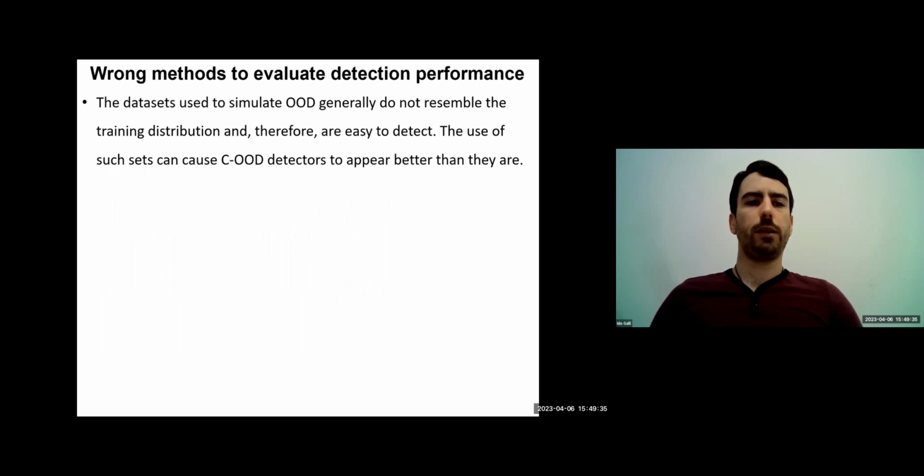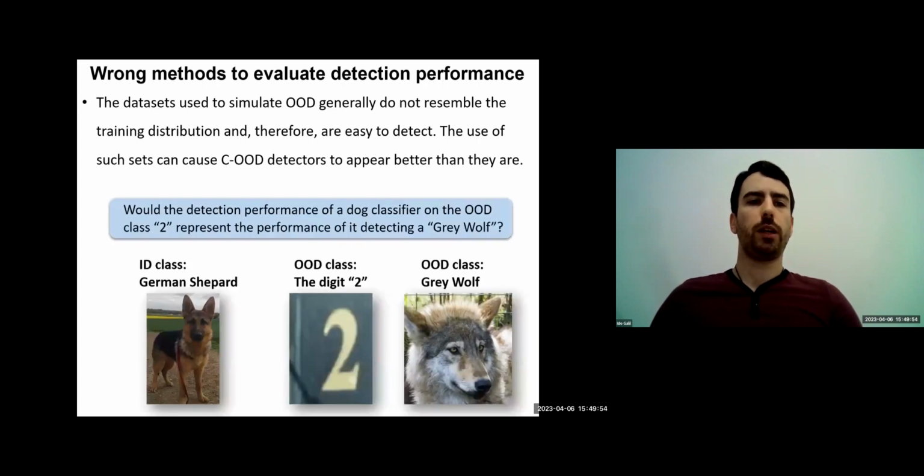There is, however, a problem with this approach. The datasets used to simulate OOD generally do not resemble a training distribution and, therefore, are easy to detect. The use of such sets can cause COD detectors to appear better than they are. Let's suppose we have trained a dog classifier on different dog breeds.